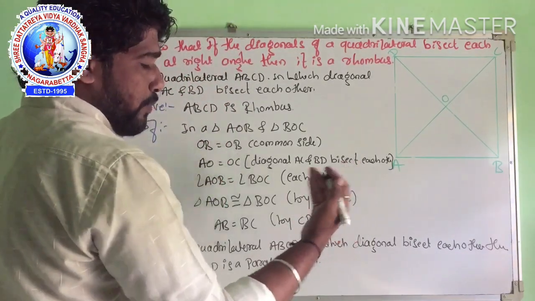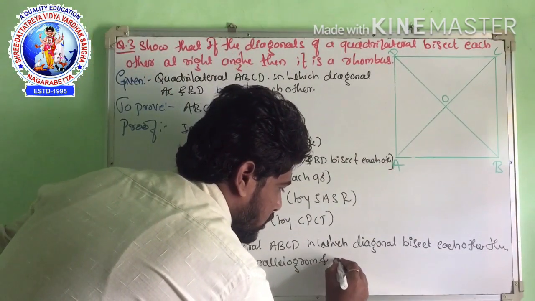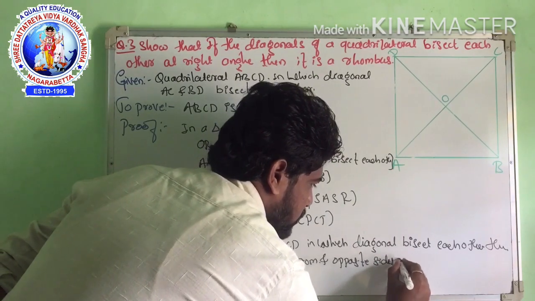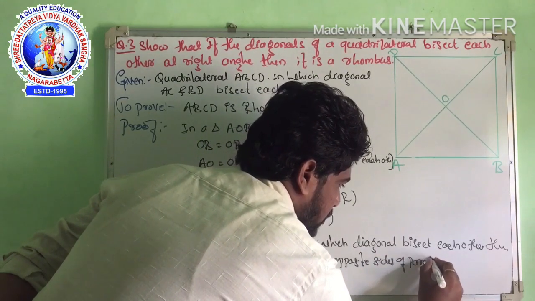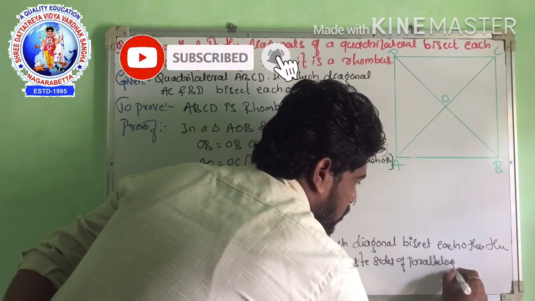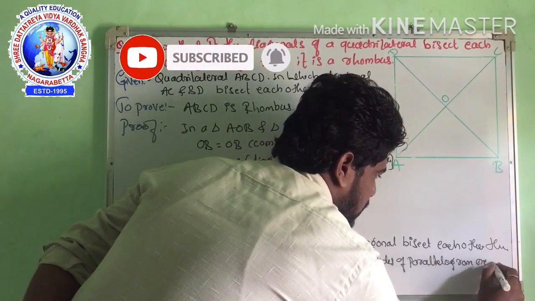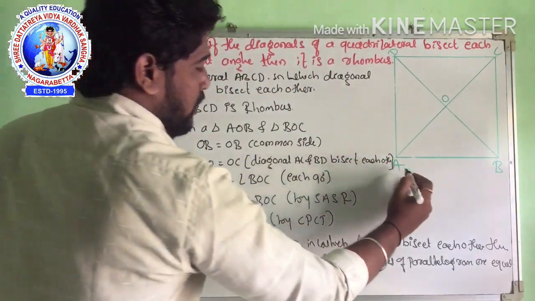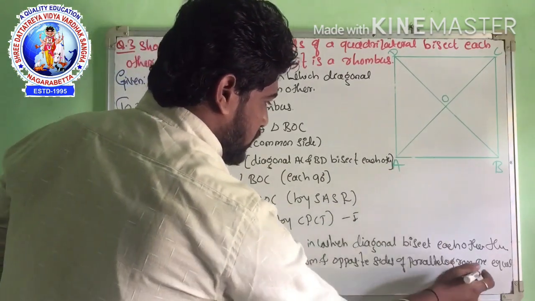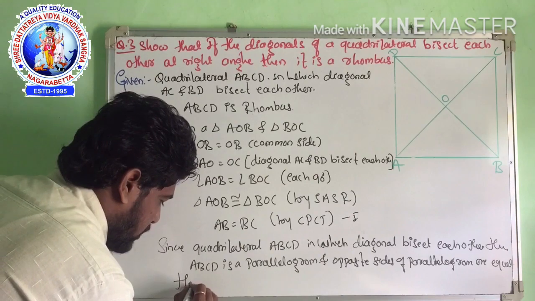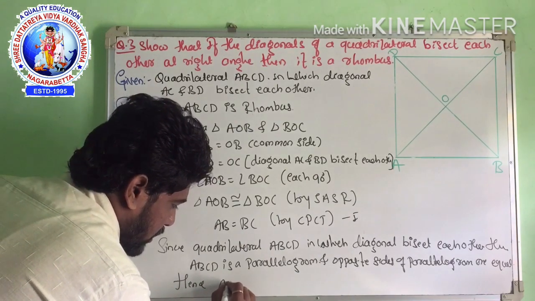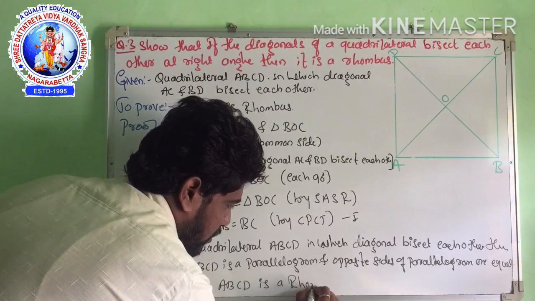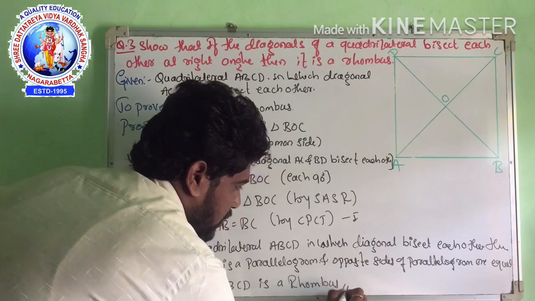And the opposite sides of a parallelogram are equal. So from these two, call this equation 1 and this the reason. Hence ABCD is a rhombus. Hence proved.